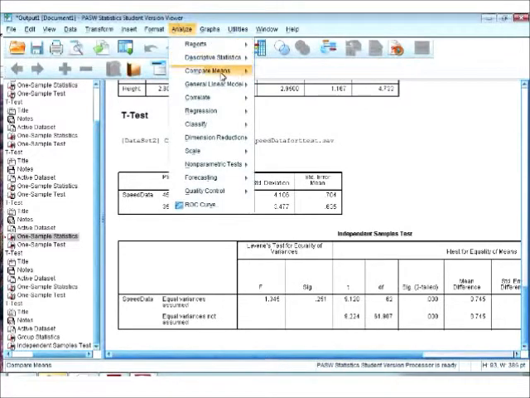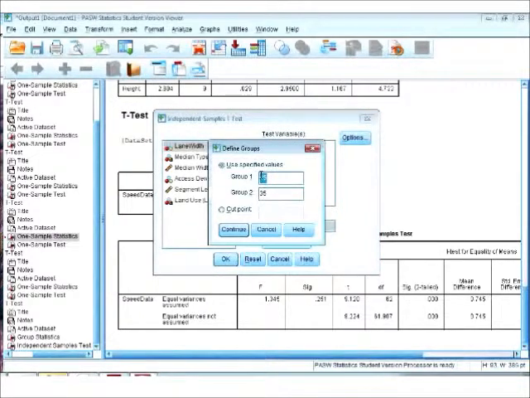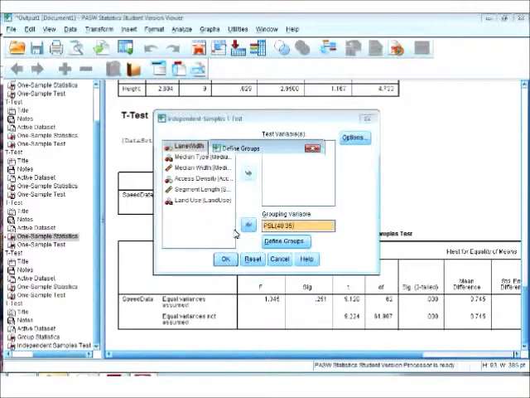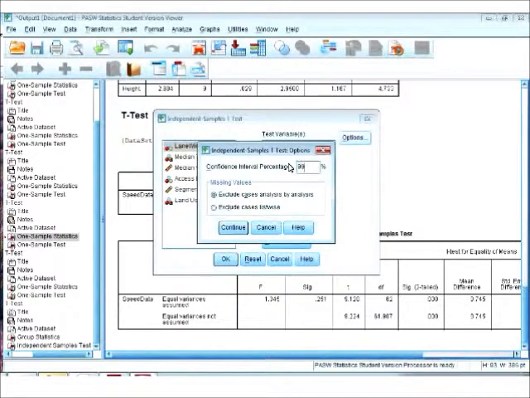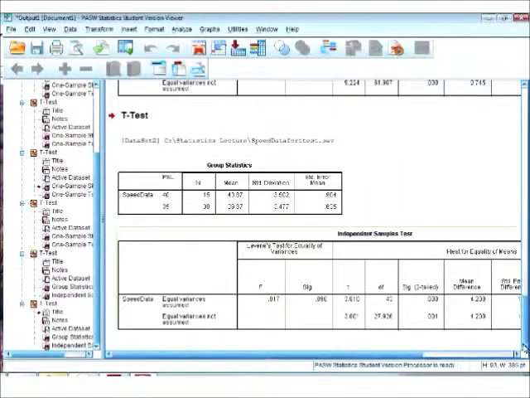Okay. Now let's do this example once again, and let's change here and see if there is any difference between 40 and 35, and let's change our confidence level to 99% and see what happens. Now you see that these are the mean values under each group.